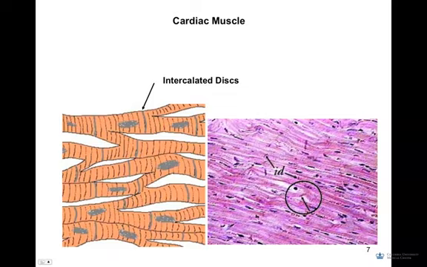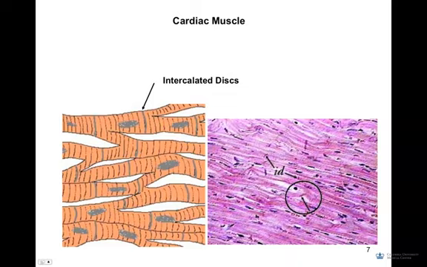Another defining feature of cardiac muscle is that it has a particular shape. Each cardiac muscle cell has a particular shape. So in this cartoon here, a single muscle cell, over here is the nucleus of the cell, and then these gray lines here represent the boundary of this one individual cell.